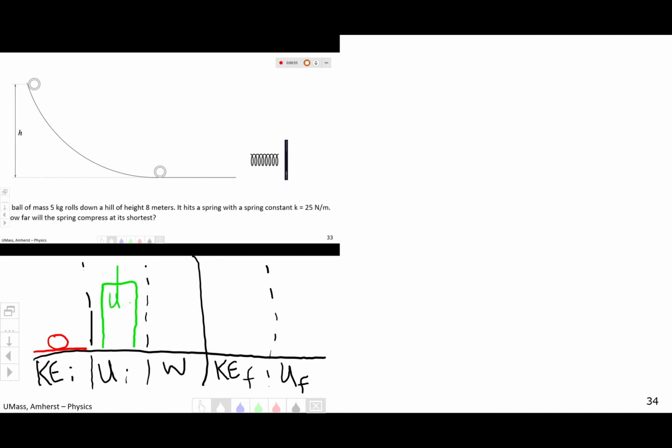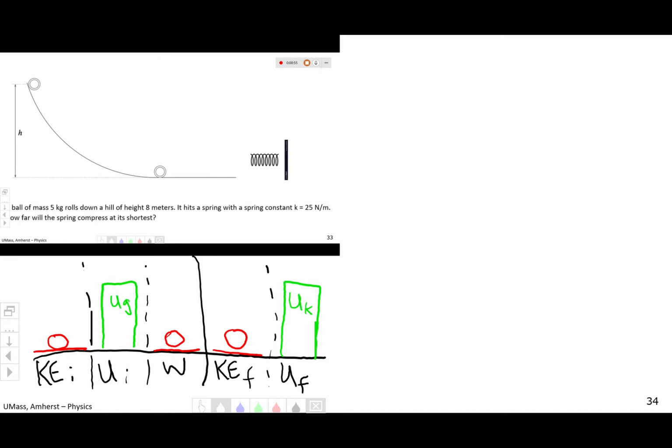What kind? Ug, gravitational. Work is going to be a 0. Kinetic energy final is also going to be a 0 because when the spring is all the way compressed, the ball will stop moving. Potential energy final, well, we know we have to have some. What kind is it? Uk, spring potential energy. Okay.